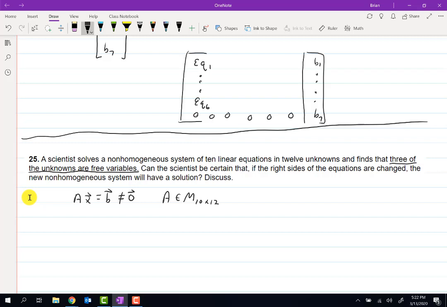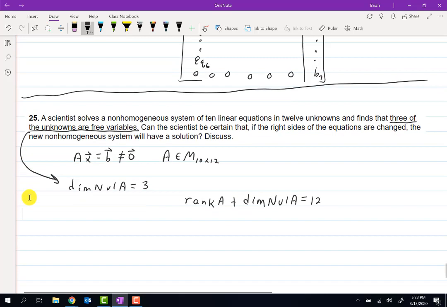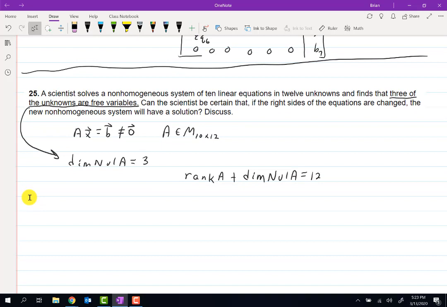So that right there tells us that dim null A equals 3. So let's go back to our equation: rank of A plus dim null of A equals 12. I'm told that the dimension of the null space is 3, so this will imply that the rank of A will equal 9.